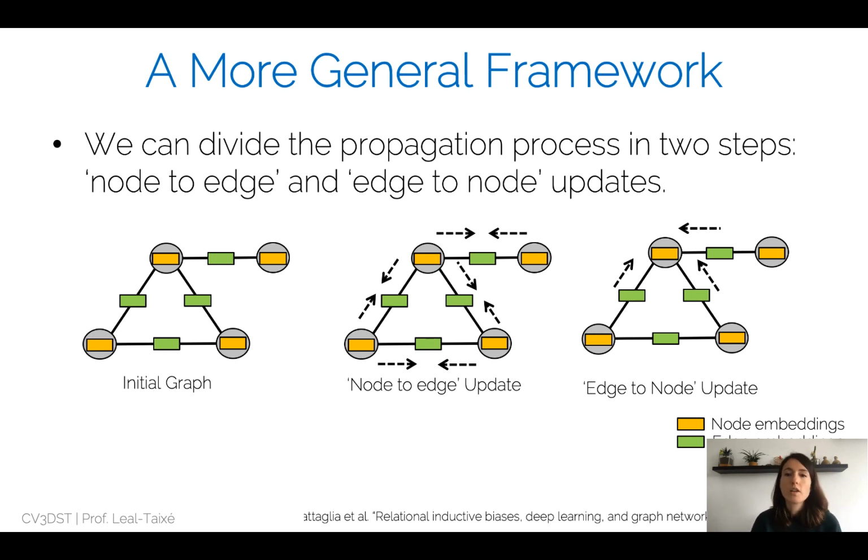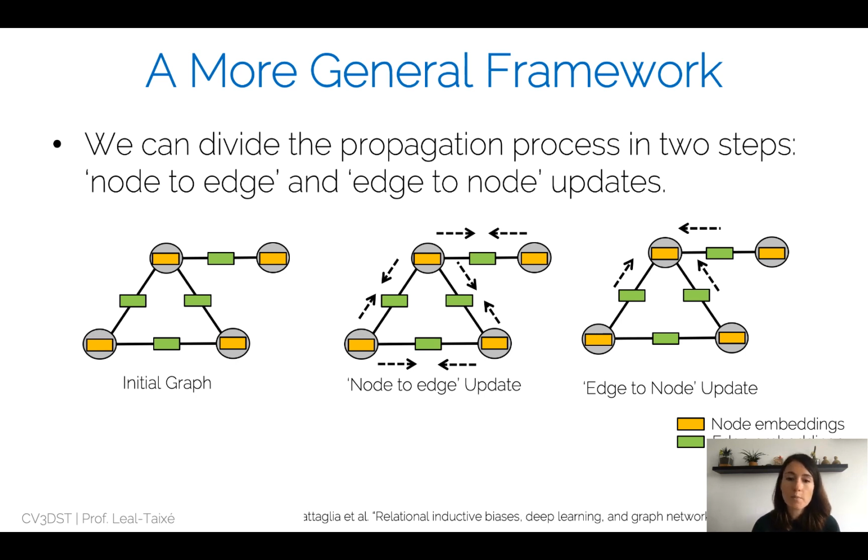So the more general framework consists of 2 steps. We start from the initial graph that we had already before, with the node embeddings in yellow and the edge embeddings in green. Now, instead of doing an aggregation step where the node collects information from neighboring nodes, we're going to divide this propagation process into 2 steps.